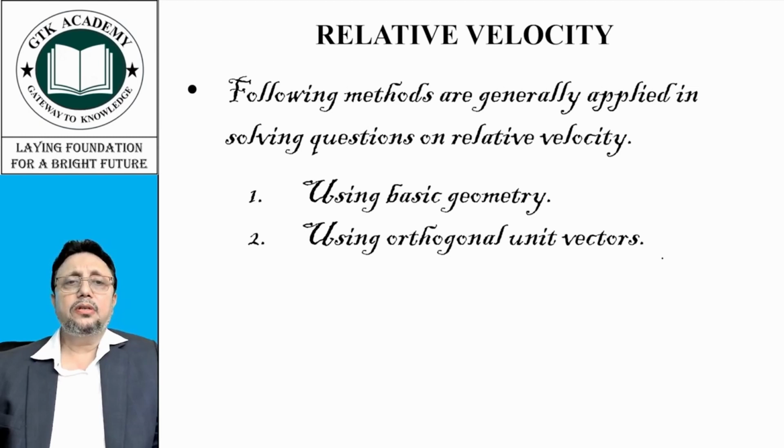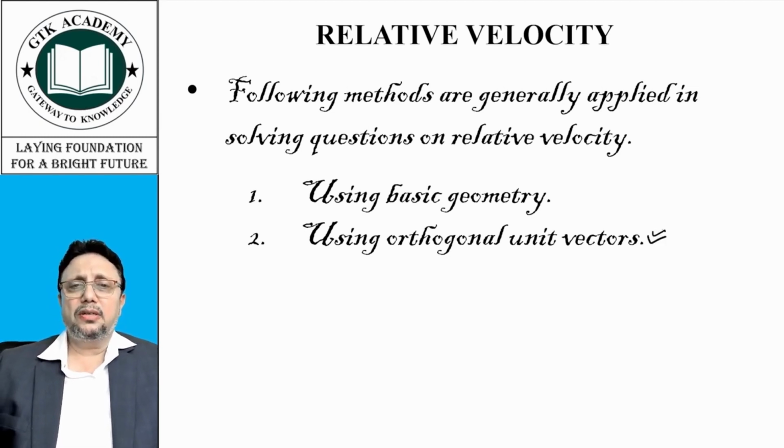At times this makes the problem very easy, but at times it may not be required. You can solve it easily by basic geometry. So that's up to you. Once you start doing the questions, get a fair idea, then you can choose the best suited method.